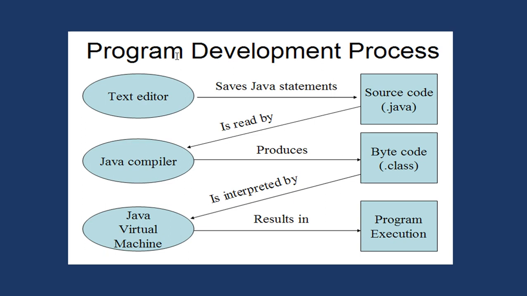That bytecode is the one that runs on the Java Virtual Machine. It is not our Java program running on the JVM. It is the bytecode, which is an equivalent format of the program we have written in .java, compiled by the Java compiler and running on the Java machine. This is the process of how a Java program is developed and run.